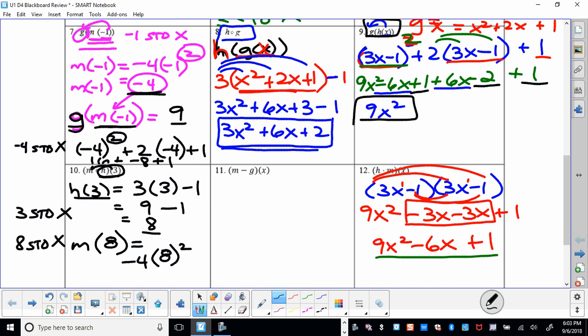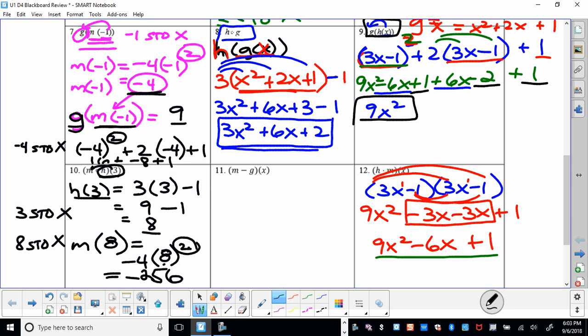And then just to practice my little PEMDAS, remember you do your exponents always first. So 8 squared is 64. And then 64 times negative 4 is going to be a negative 256, I think. You can check on your calculator.